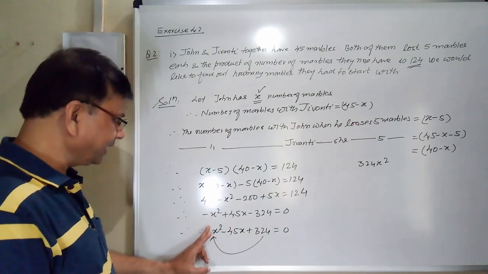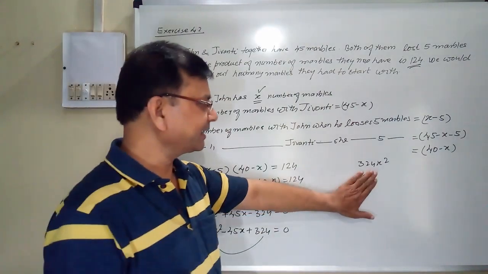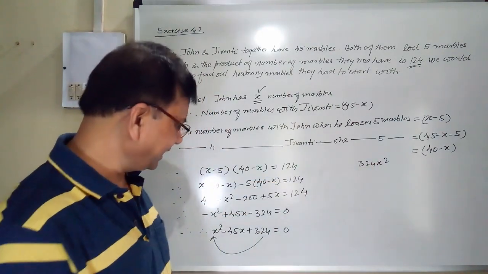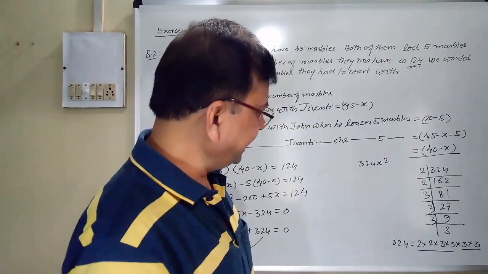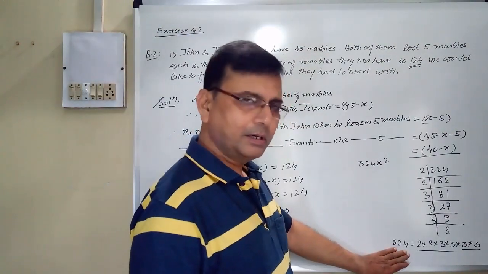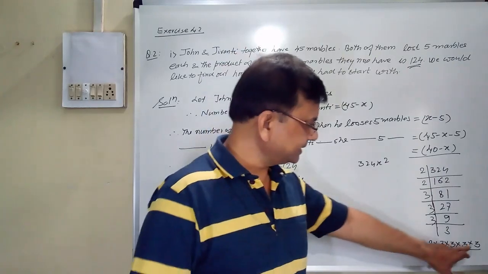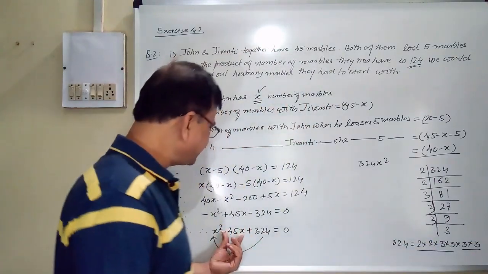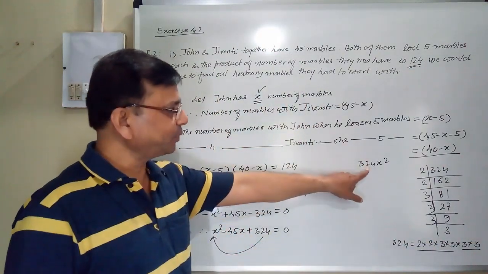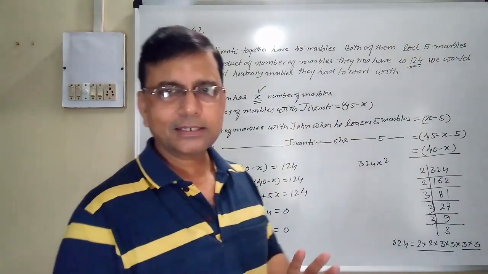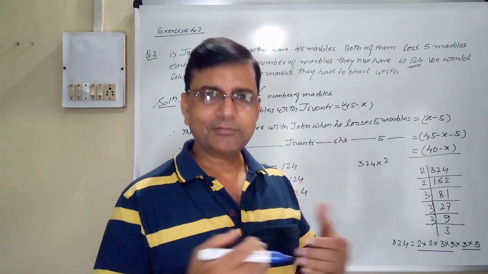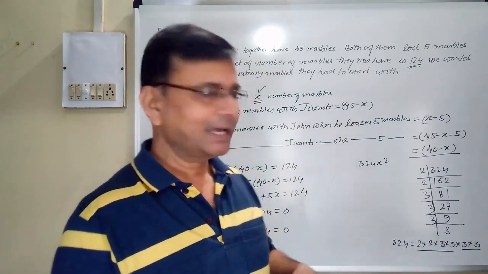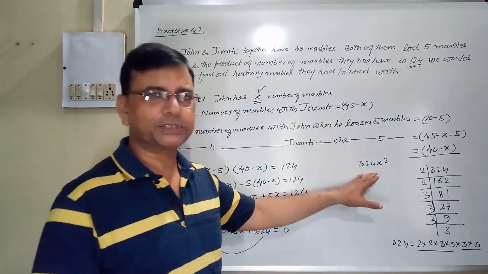So 324X square. Here we will factorize 324 and we will see that the sum is minus 45. Since the sum is negative and the product is positive, both the factors should be negative, right? Then only the sum will be negative, and the product has to be positive.